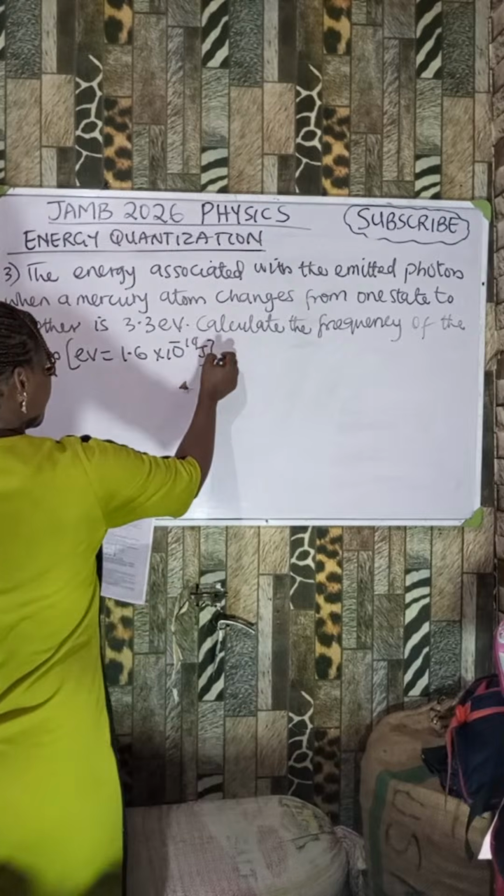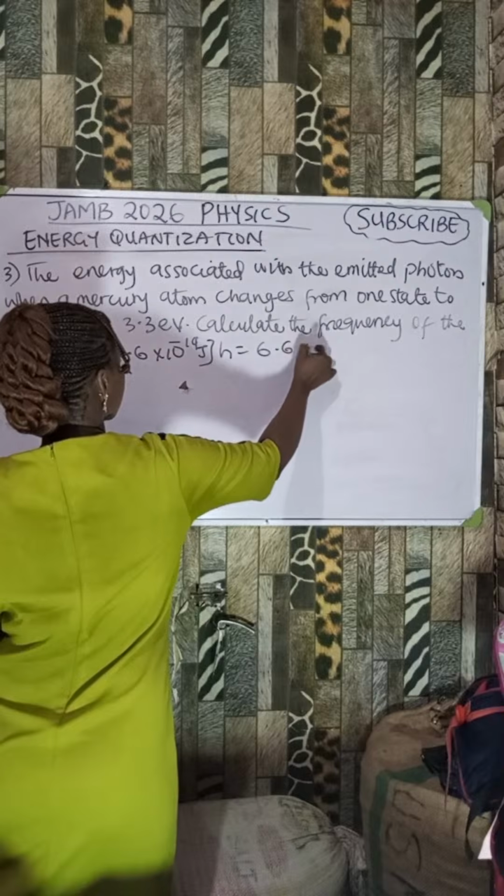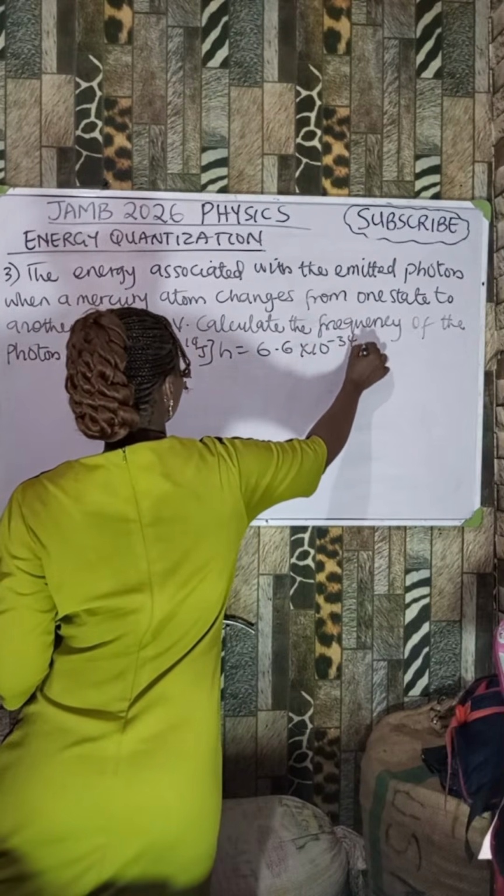And we're given h to be 6.6 times 10 power minus 34 joules second.